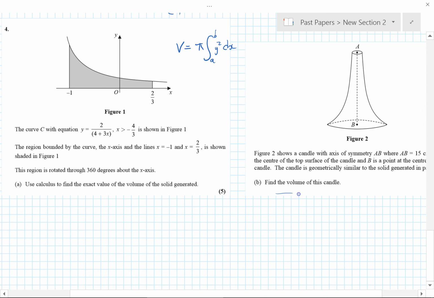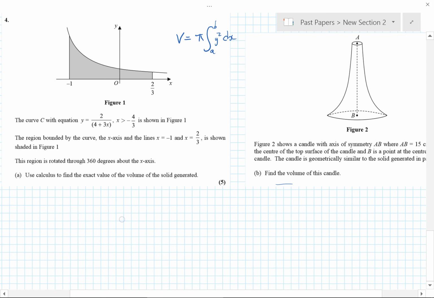There's a slight twist in part B, which we'll look at in a moment, but nothing too much to worry about, I wouldn't have thought. So we've got the volume. It does say 360 degrees. I can't remember them ever saying 180 degrees or whatever, in which case it would be half of that. But anyway, volume is pi integration between 2/3 and minus 1 of 4 over 4 plus 3x, squared dx.